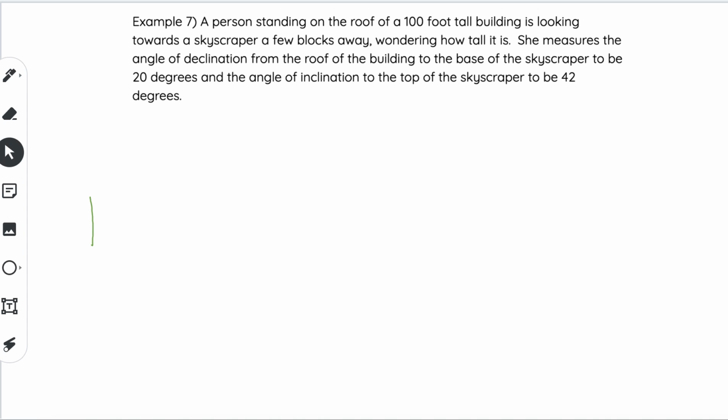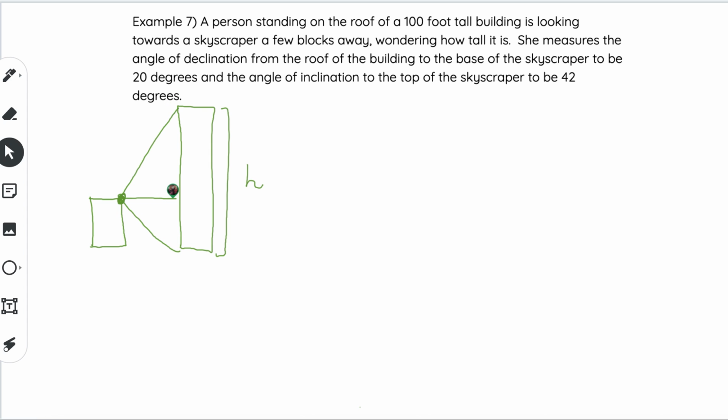So let's say we're standing on the roof here, and we're looking at this skyscraper that is supposedly super tall. We want to know what is the height of the skyscraper. And we're looking up and we're looking down, but ultimately it's creating two separate right triangles for us.